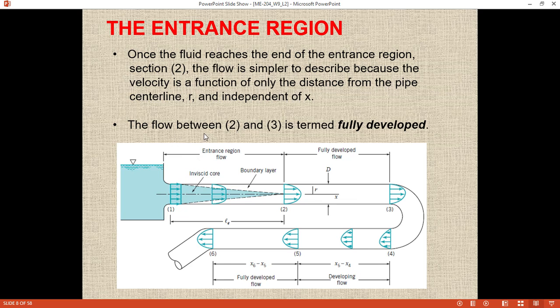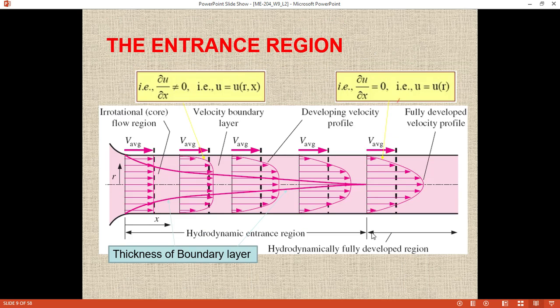So the flow between 2 and 3, which is the fully developed region, is termed fully developed flow, okay. So this is another picture. Here you can see this is the entrance region, and the velocity starts from uniform flow, okay, and then gradually changes until it reaches the end of the entrance region.